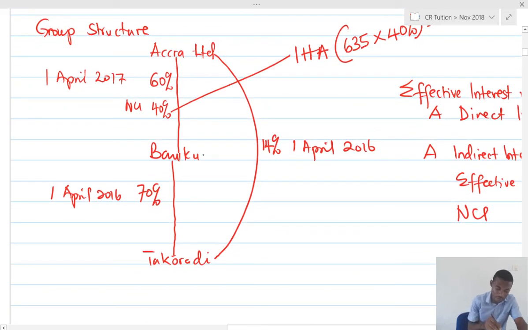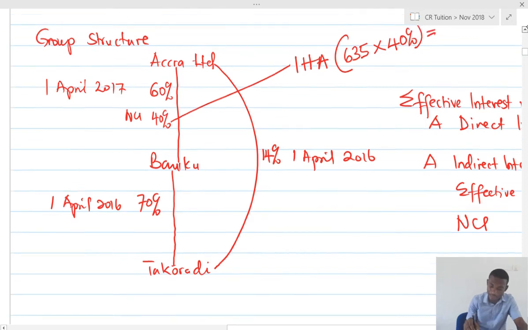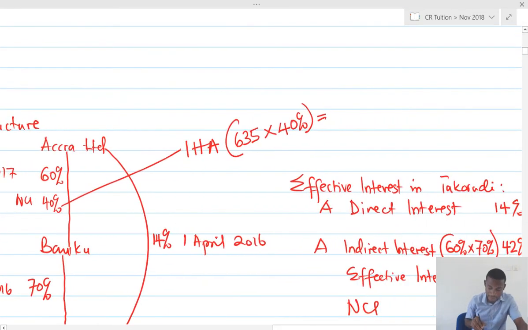So the amount Boko invested in Takrady, which is 635, NCI will lay claim to an indirect holding adjustment. So when we are calculating goodwill, we take that value out, and the indirect holding adjustment will be 254 million. So very important, and this has to be excluded. So when we are calculating the goodwill in Takrady, we take it out. When we are calculating the non-controlling interest in Boko, we take it out.